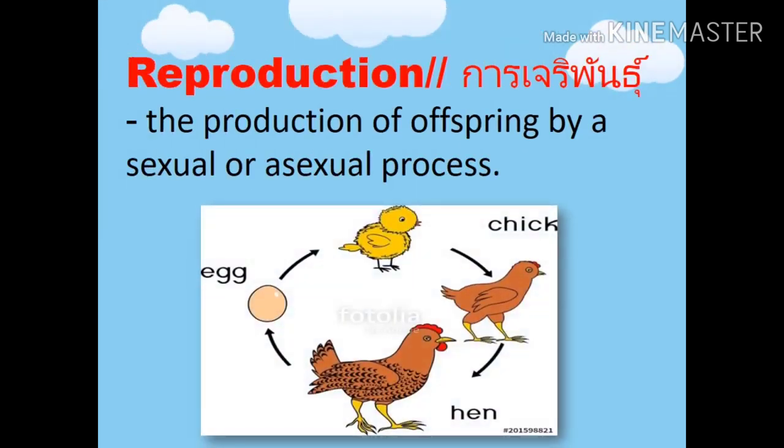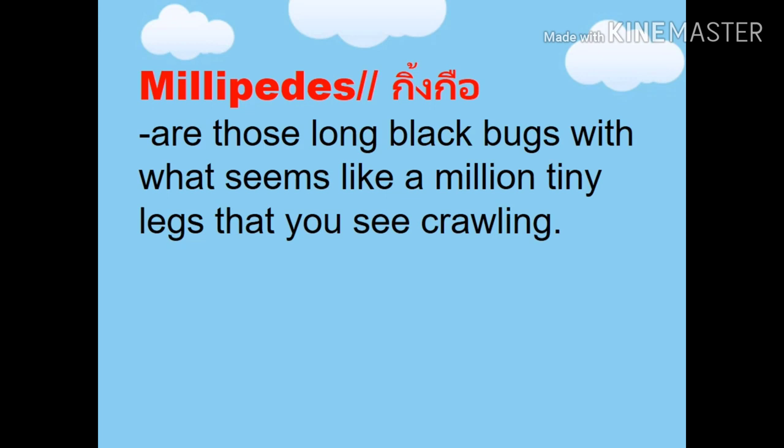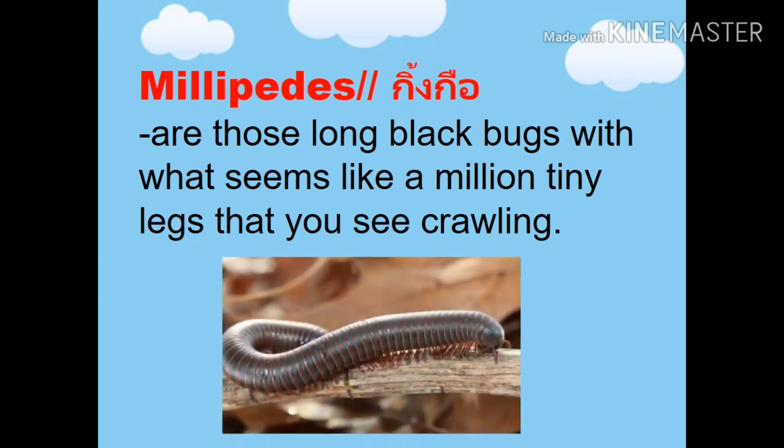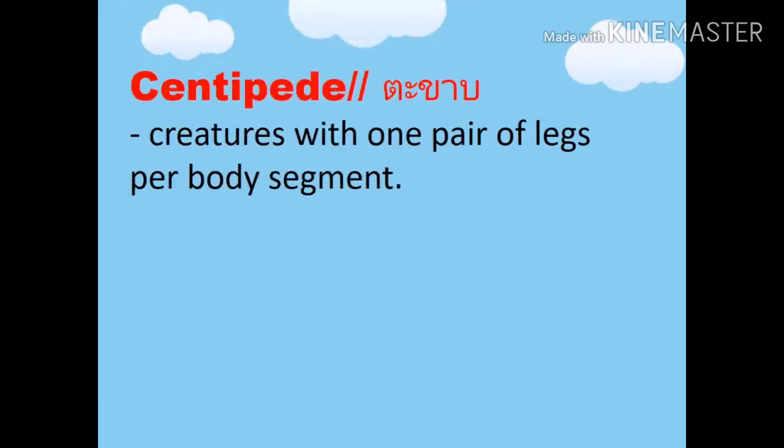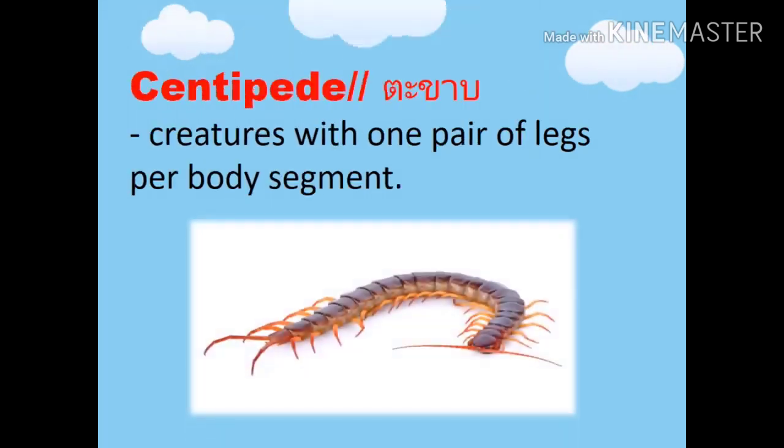The production of offspring by a sexual or asexual process. Millipedes are those long black bugs with what seems like a million tiny legs that you see crawling. Centipede. It is a creature with one pair of legs per body segment.